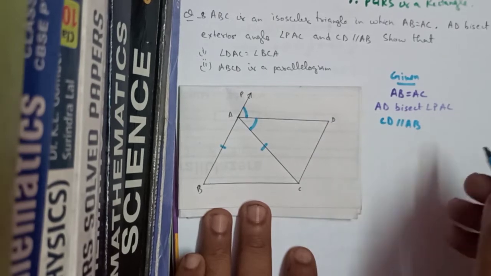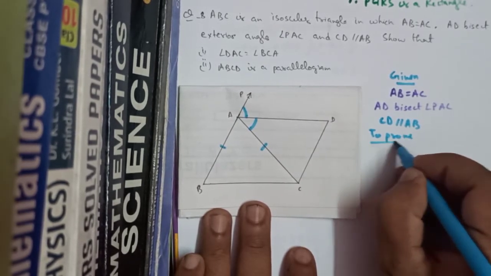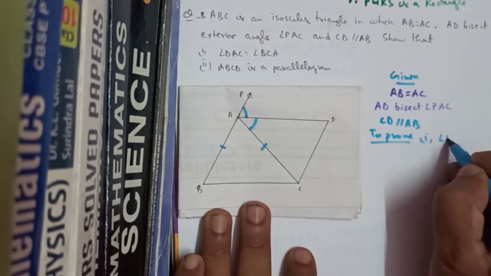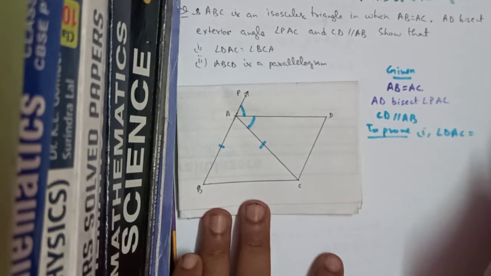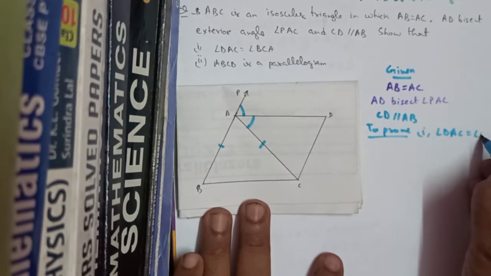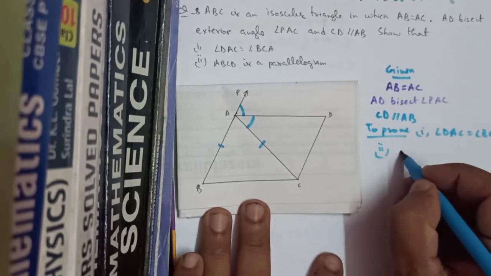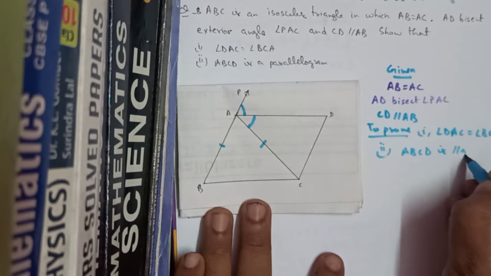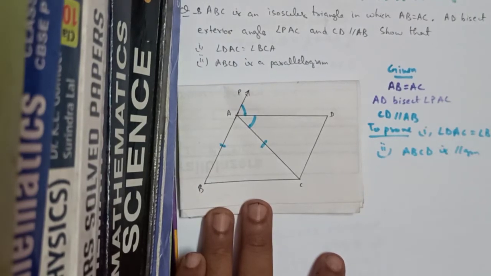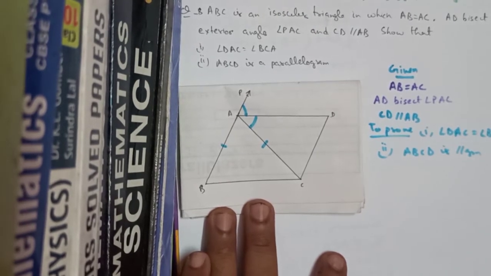To prove: first, angle DAC is equal to angle BCA, and second, that ABCD is a parallelogram. So DAC and BCA are equal, this we have to prove.